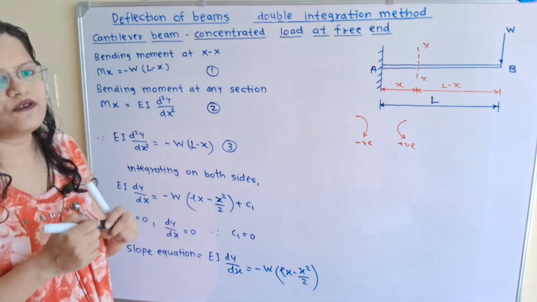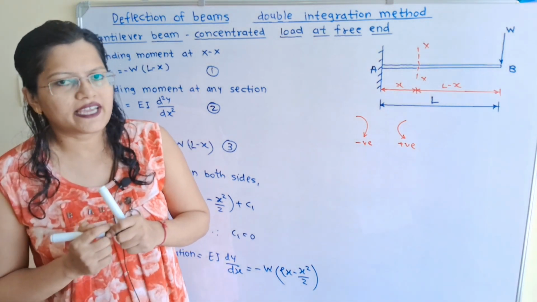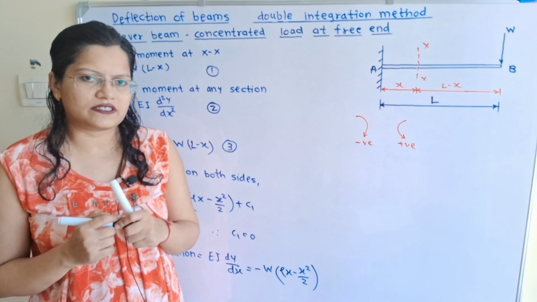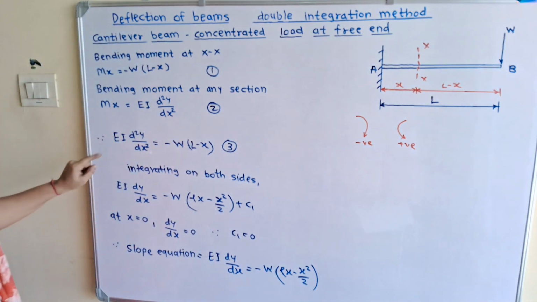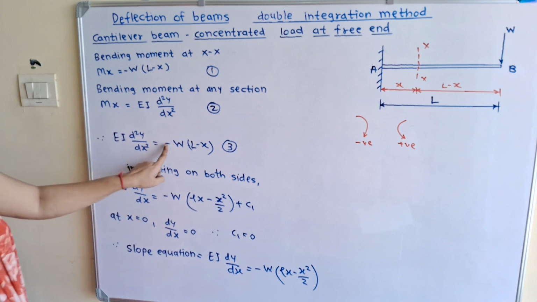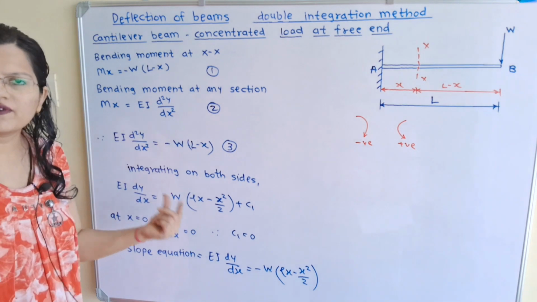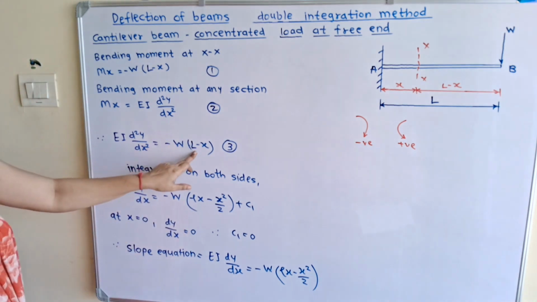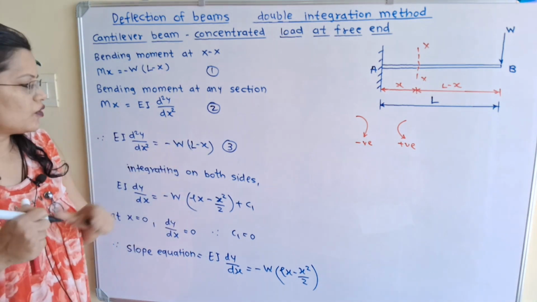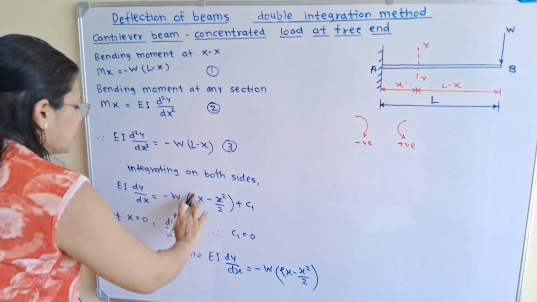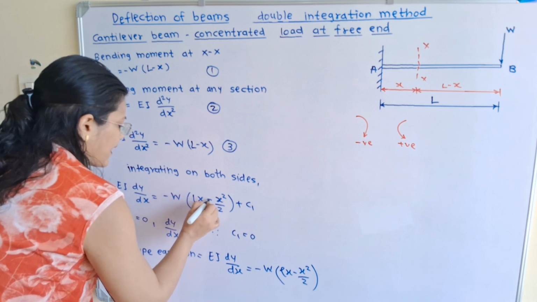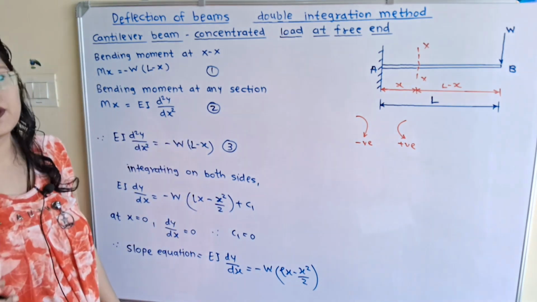Now to find out the slope equation, we will take the integration on both sides. This is the first integration. So how to take this integration? We know that EI dy by dx is equal to, now here minus W constant term we will consider as it is. Now what about this L? The integration of L minus x inside the bracket: I will take Lx minus, now what about the integration of x?